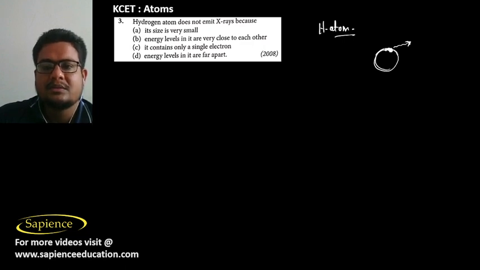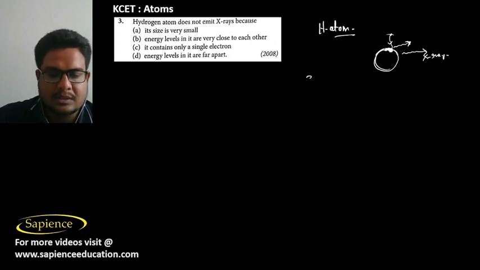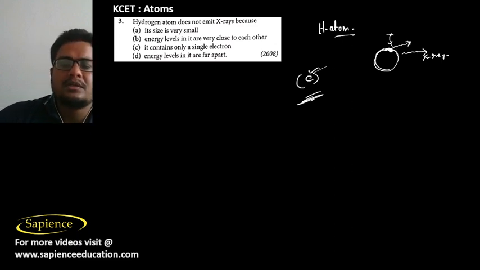When some electron in a higher energy level comes to fill that hole, then one X-ray photon is emitted. So X-rays are not emitted by the hydrogen atom since it contains only a single electron. Option C is the correct answer.